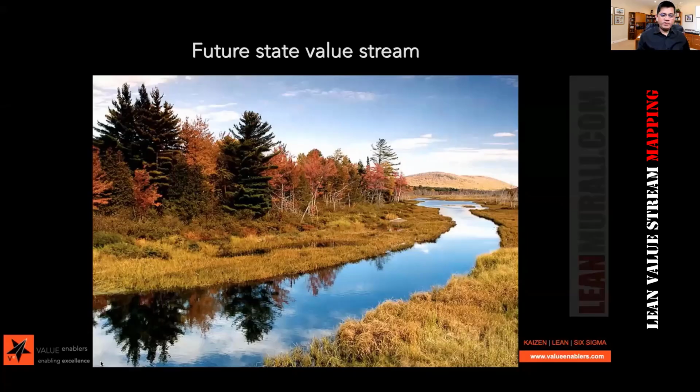See, value stream mapping can sometimes be very heavy, so I wanted to make it a little more interesting with some discussions about nature. So: clear, unobstructed flow, laminar flow, a reflection, beauty, without hindrances, smooth flow, fantastic.